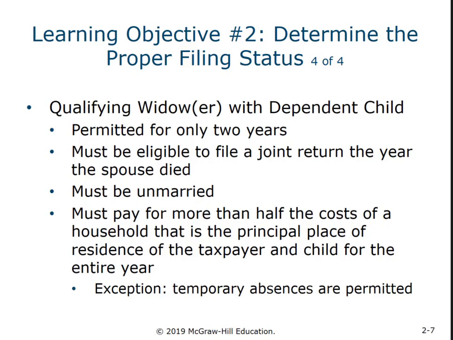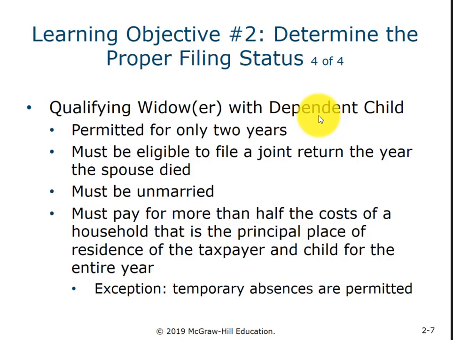Now notice, the only way you can be a qualifying widow or widower is if you have a dependent child. So your wife or husband dies, in 2019 you get to file jointly. 2020, the next year, you are single unless you have a dependent child.